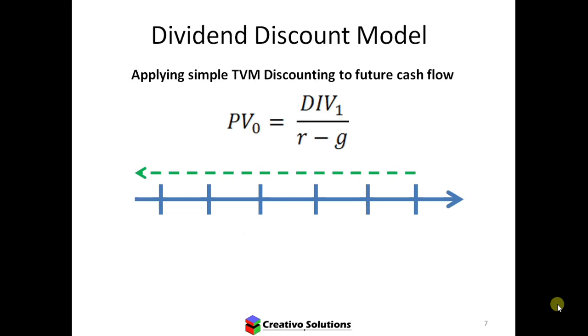When you're thinking about equity asset valuation, what are the future cash flows going to be? Well, potential dividends. So whatever dividends I have in the future, I need to discount each and every one of those dividends back in time in order to get an estimate of the present value or the share price at that current moment in time. So just remember that PV is at time 0 and you're discounting future dividends back in time.